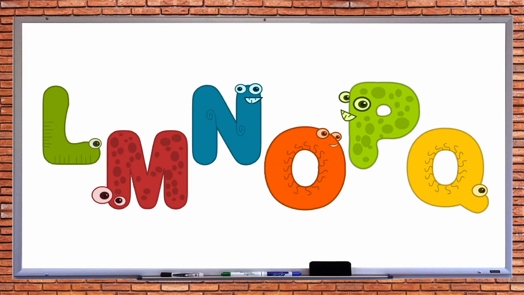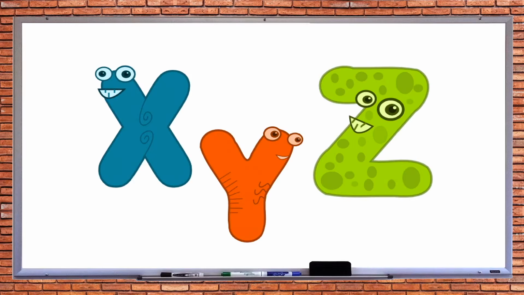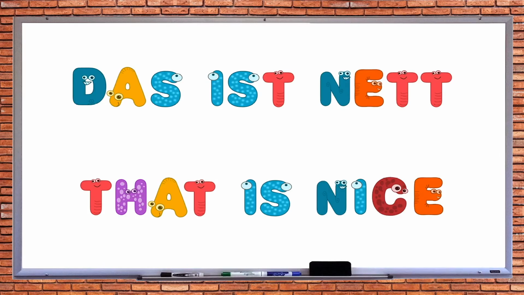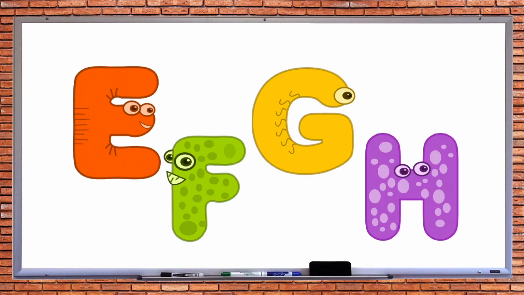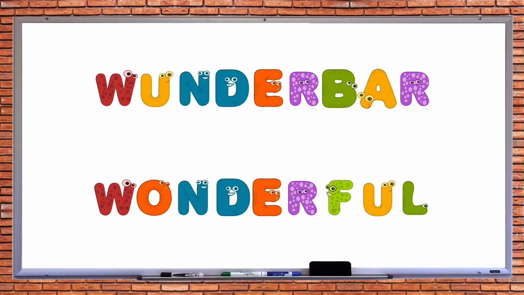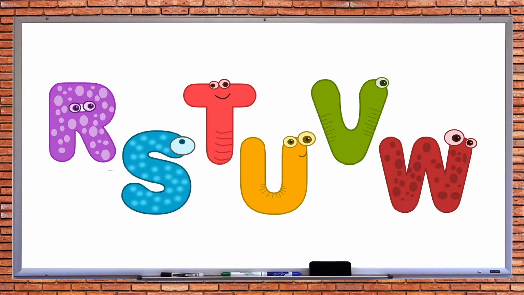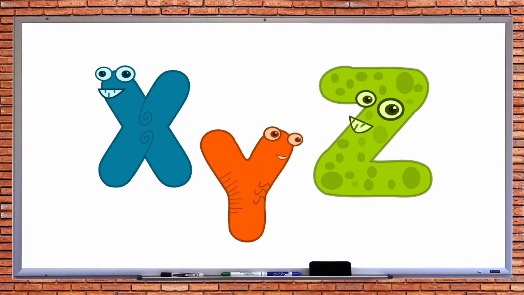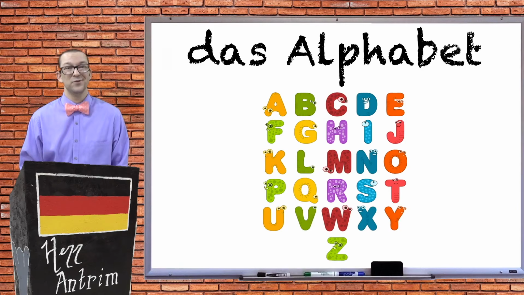L, M, N, O, P, Q, R, S, T, U, V, W, X, Y, Z. Das ist nett. A, B, C, D, E, F, G, H, I, J, K. Wunderbar. L, M, N, O, P, Q, R, S, T, U, V, W, X, Y, Z. Das ist nett. And now for a fun little skit.